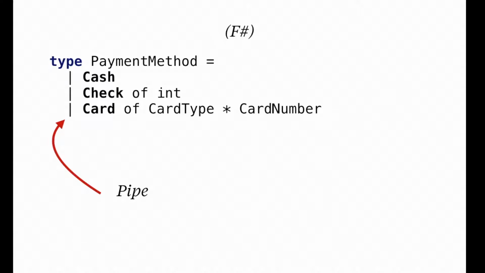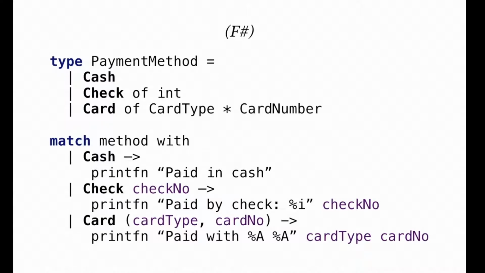So when I talk about a payment method, in this case, it could be any one of those three possibilities. Right, so handling this in F# is also really easy. They just have this match statement. You pass in a payment method, and then depending on what that type is, it conditionally branches to whatever block of controlled code you're looking to execute.